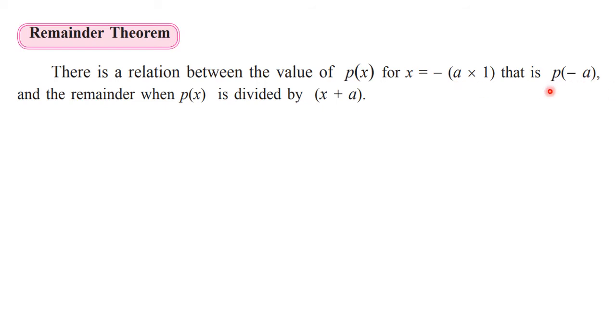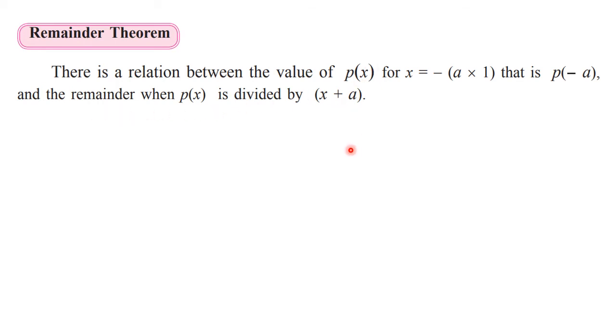So if we write it as p of minus a, so this value and the remainder, when we divide the polynomial by x plus a, see in synthetic division we have seen that the divisor if we consider, then for dividing we take the opposite value. So here also plus a is there, therefore the opposite of plus a is minus a. The value is found for the opposite number from here. So there is relation between the value of the polynomial and remainder when we divide the polynomial.